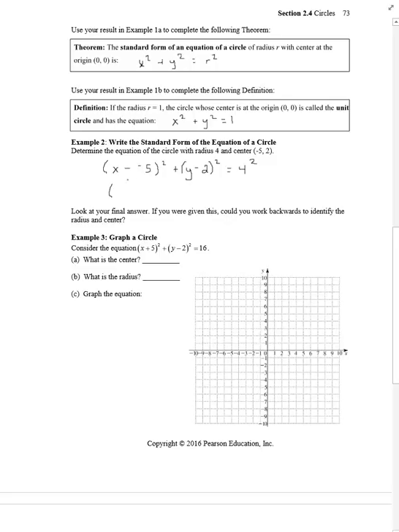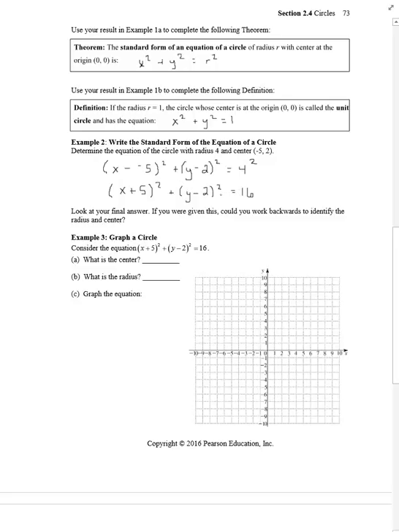So minus a -5 is really the same thing as x plus 5, of course. So we have (x plus 5) squared plus (y minus 2) squared equals 4 squared, which is 16.